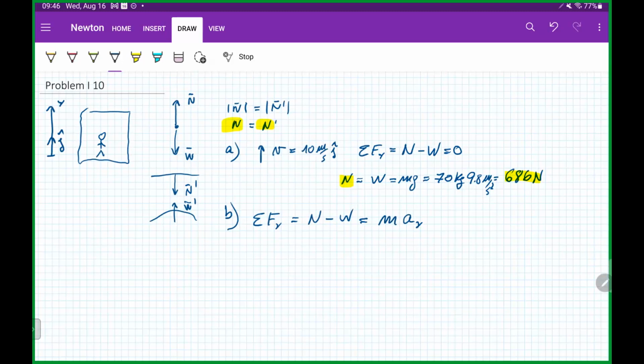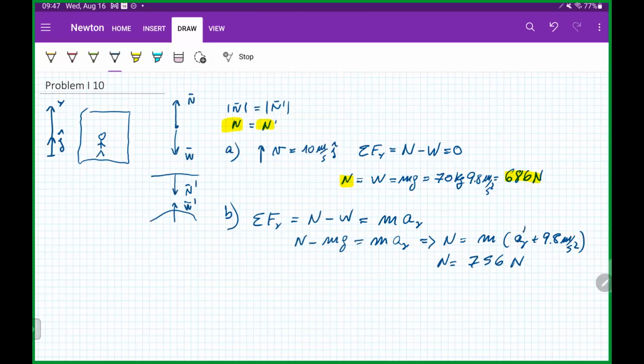And if we calculate that, we would have N minus mg equal to ma, and that's giving us for N, we can write m times a plus 9.8 meters per second squared, and N will give us 756 newtons.